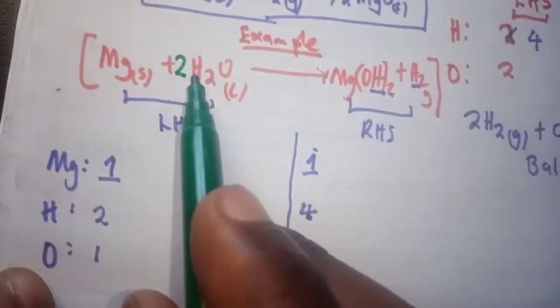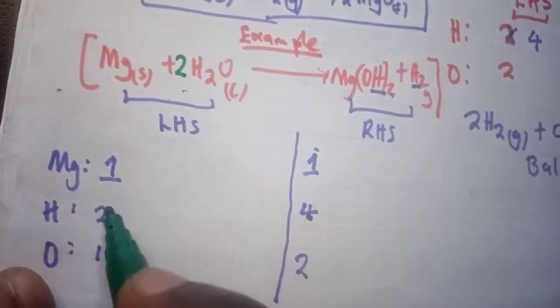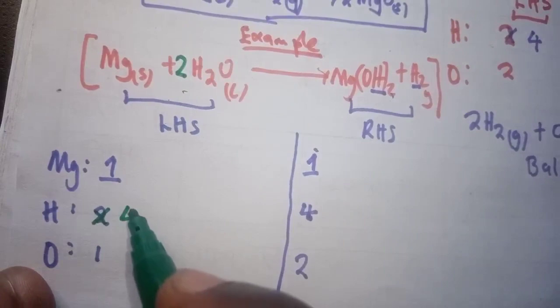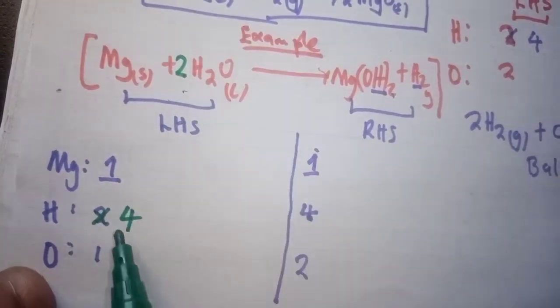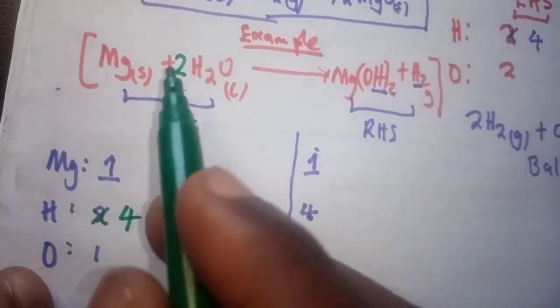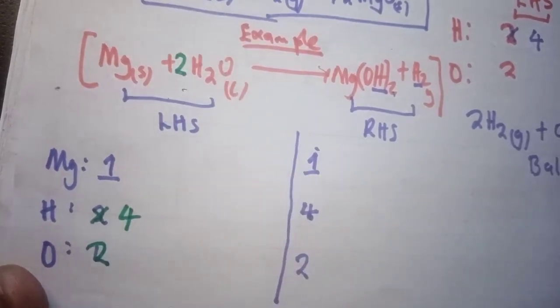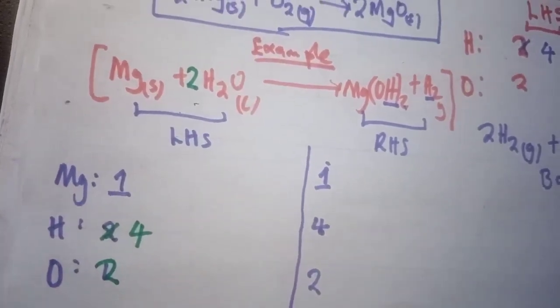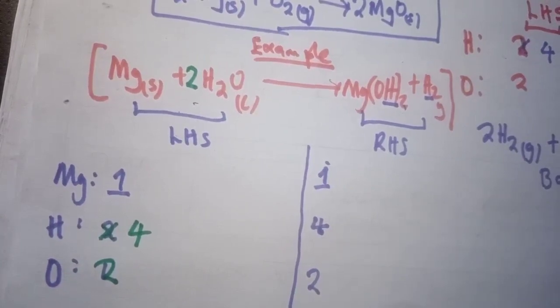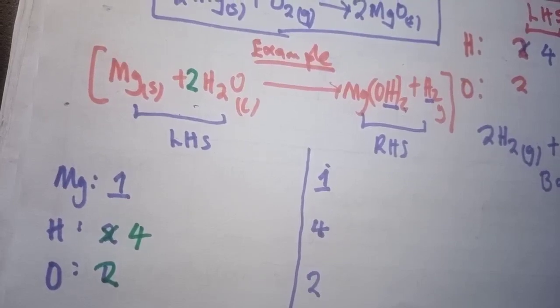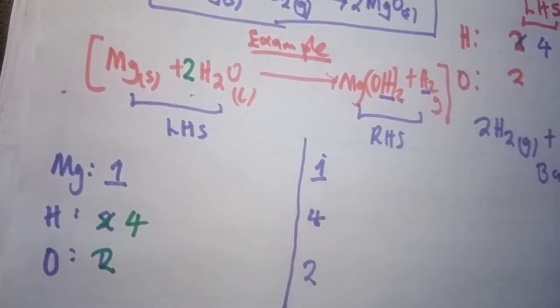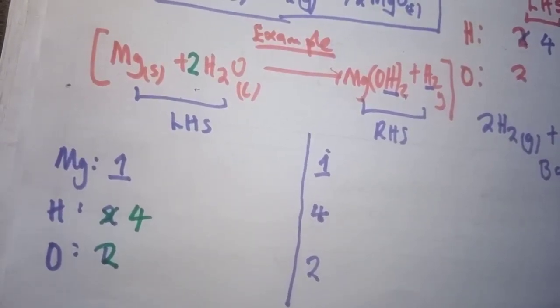If we put a 2 here, hydrogen is now 2 times 2, which is 4. The oxygen now will be 2. You can see this was quite easy to balance, just by putting a 2 on the water, the equation is balanced.